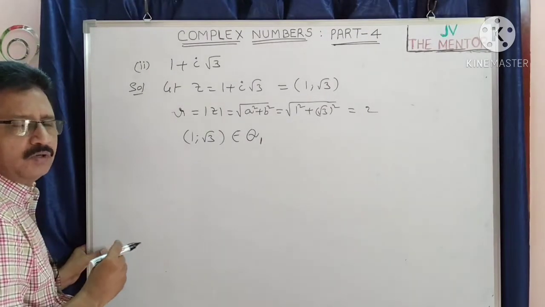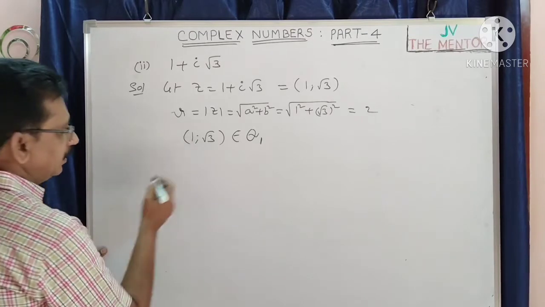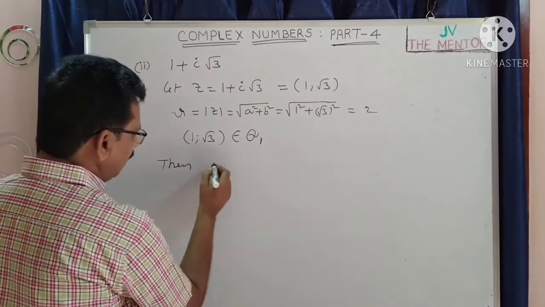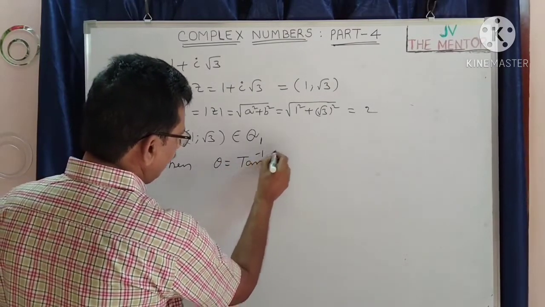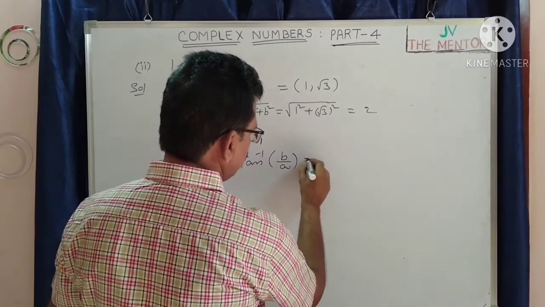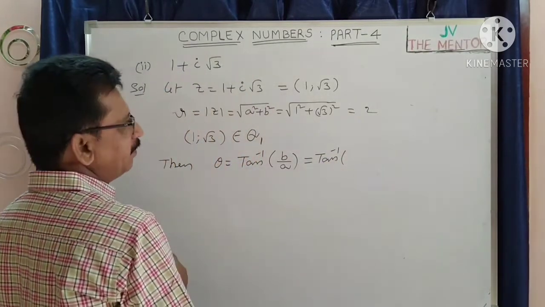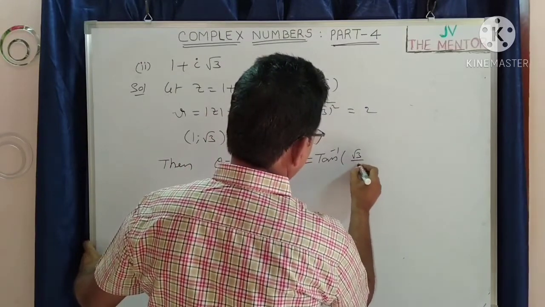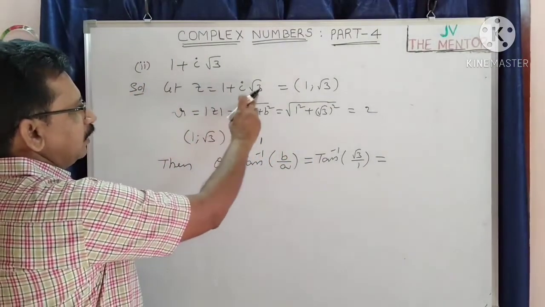Now we can take the value of theta as tan inverse b by a. Amplitude theta equals tan inverse b by a. Now substitute the values of a and b. Here a is 1, b is root 3.